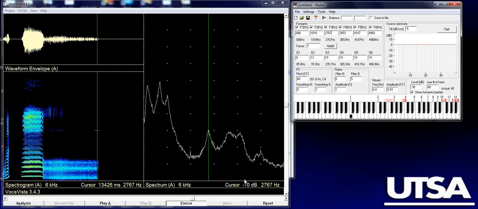Noticing when I'm at the center of the formant peak, this relative dB measurement here is minus 70. We're going to find where 3 dB down from that is. On the lower side, whoop, we want to go to minus 73. There it is.